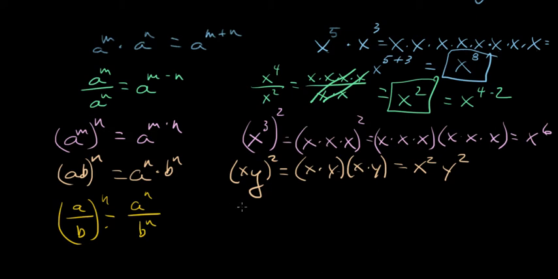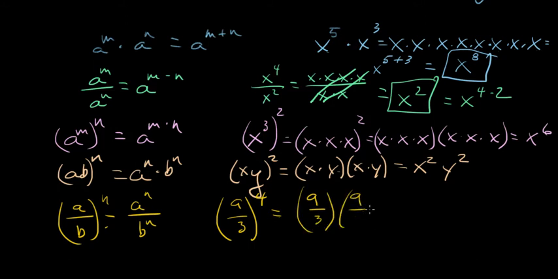Suppose you have, let's say, 9 over 3, I'm going to make something real simple, to the 4th power. Okay? That equals 9 over 3 times 9 over 3 times 9 over 3 times 9 over 3.